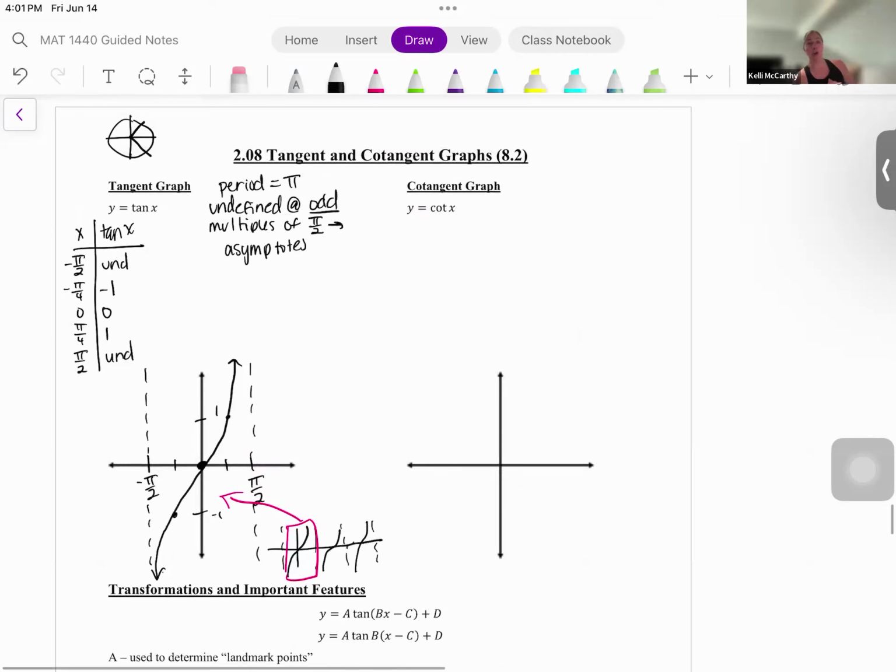Looking at the graph of cotangent, so y equals cotangent x, the period for cotangent is also pi. And cotangent is undefined at multiples of pi. And again, when it's undefined, we're going to see vertical asymptotes in our graph.